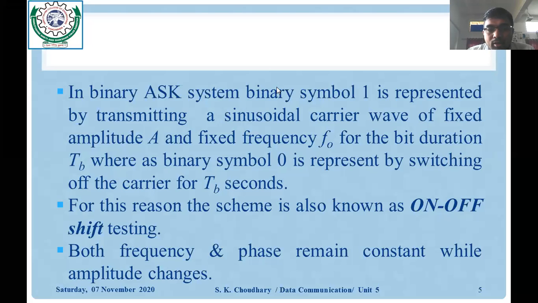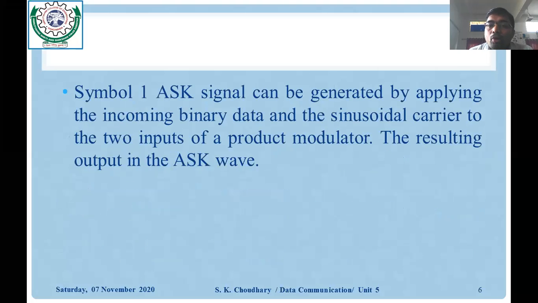Both the frequency and phase remain constant while the amplitude changes. Binary ASK signal can be generated by applying the incoming binary data and the sinusoidal carrier to the two inputs of a product modulator.